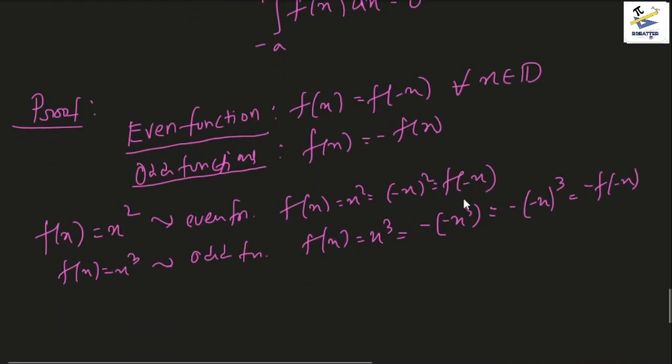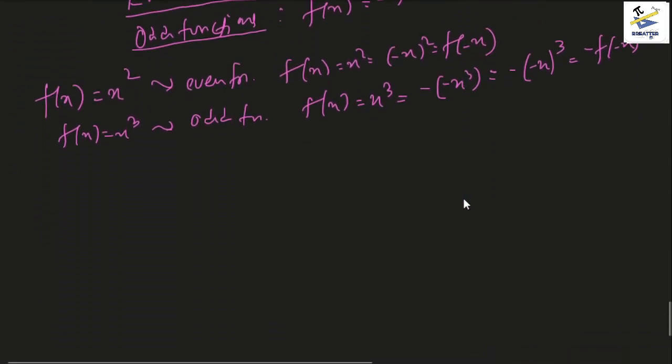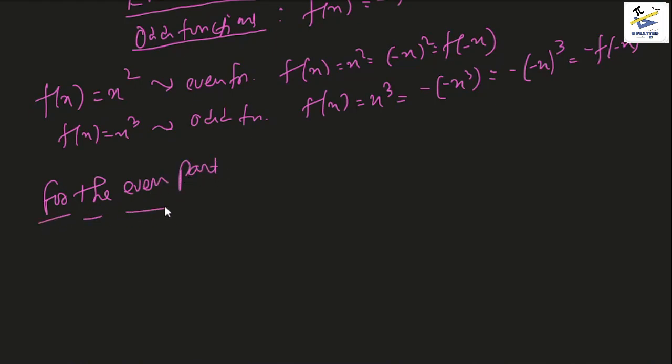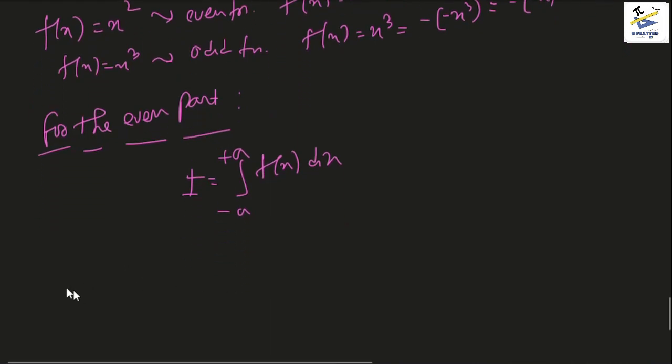Now the property that we were talking about, let us do it like this for the even part. And in doing so, we are going to learn another property which is like this.